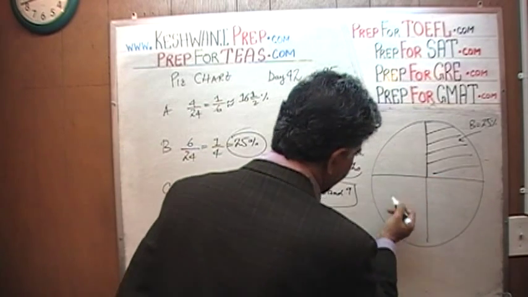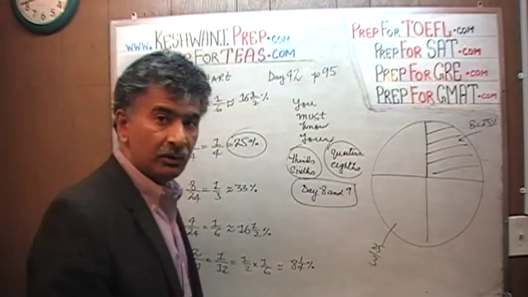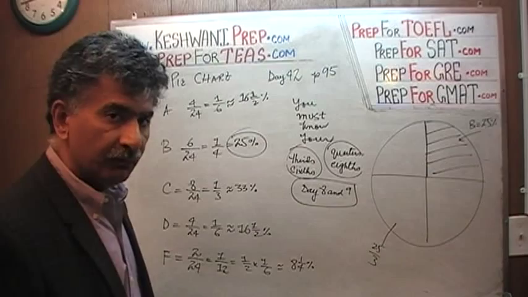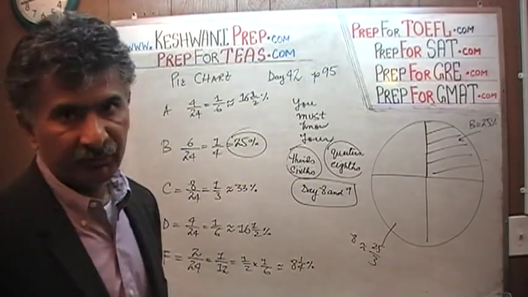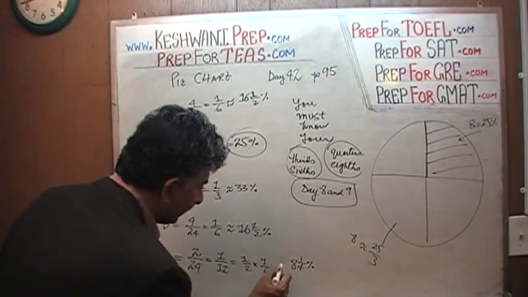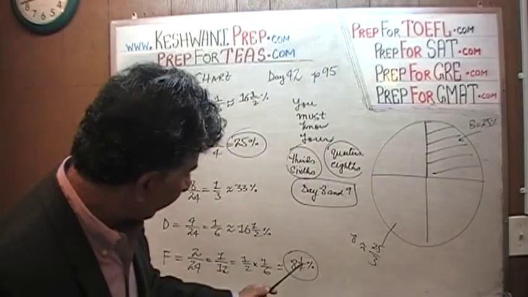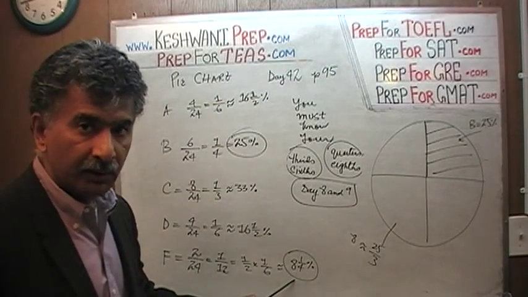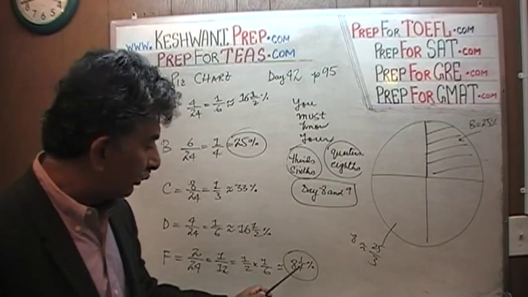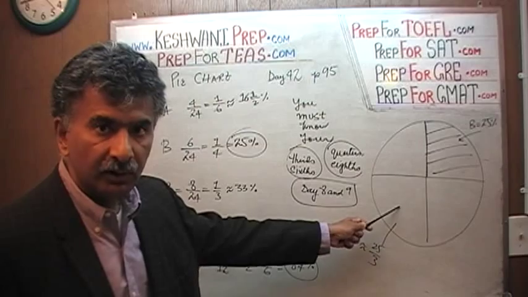This whole thing is 25, and if we divide this into 3 equal parts, listen very carefully, each part will represent approximately 8%, which is what this part is right here, 8.25%. So 8.25 plus 8.25 plus 8.25. 8 times 3 is 24, 24 and 3/4. That's approximately 25%, which is a quarter of a circle.